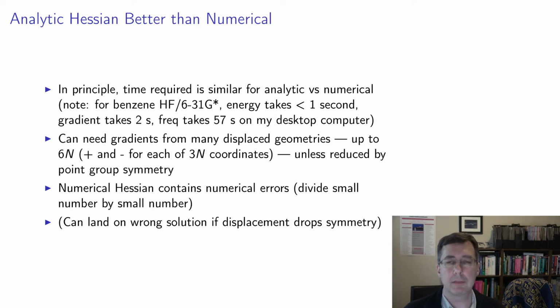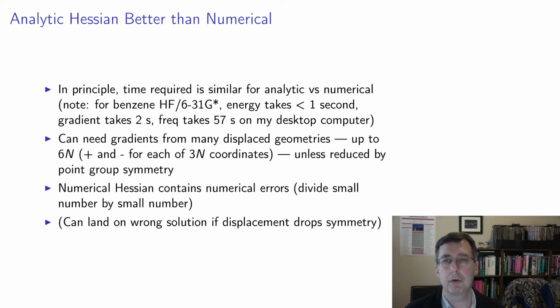If I make the step size too large, then it's no longer a good approximation to the Hessian. But if I make it too small, then I get very tiny numerators and denominators.